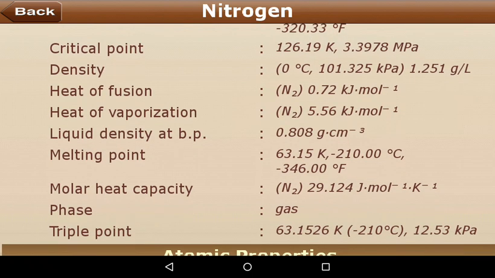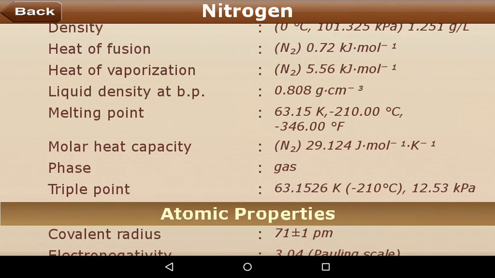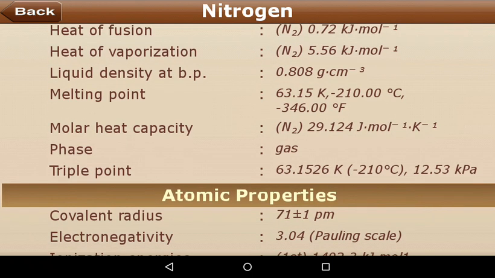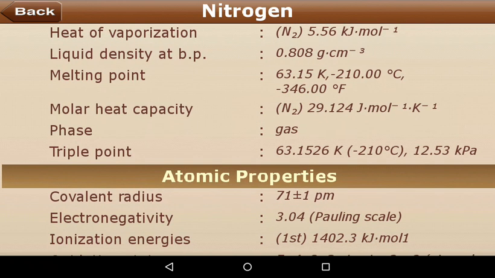Heat of fusion 0.72 kilojoule per mole. Heat of vaporization 5.56 kilojoule per mole. Liquid density at boiling point of 0.808 gram per centimeter. It has a melting point of 63.15 Kelvin.